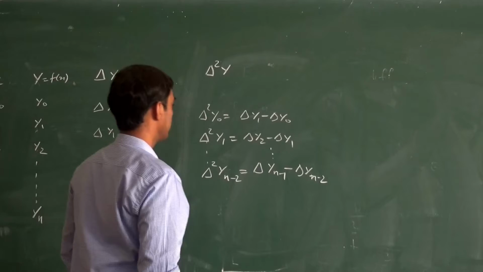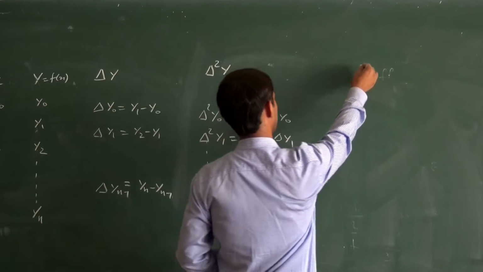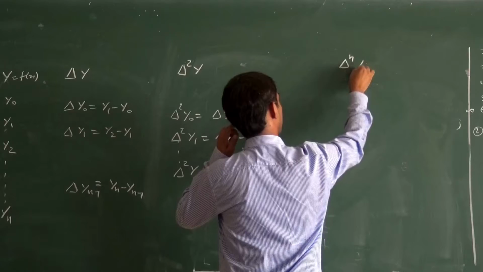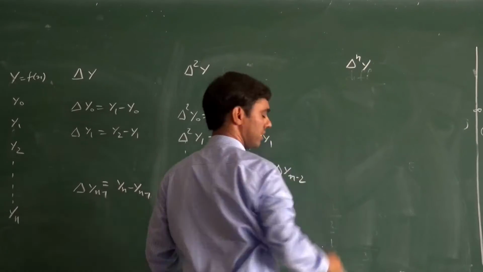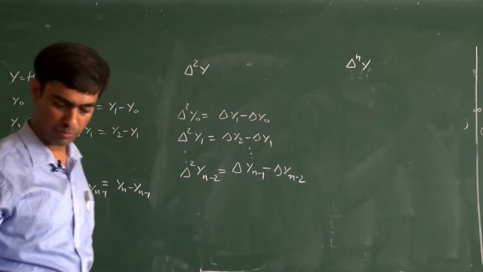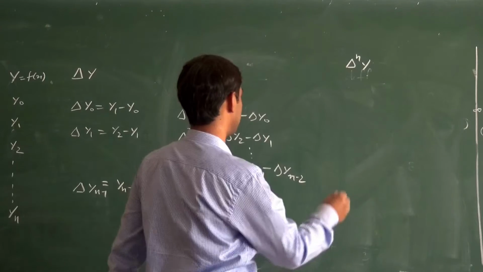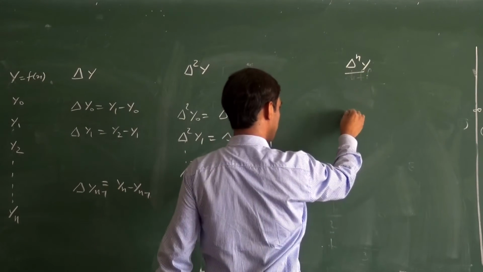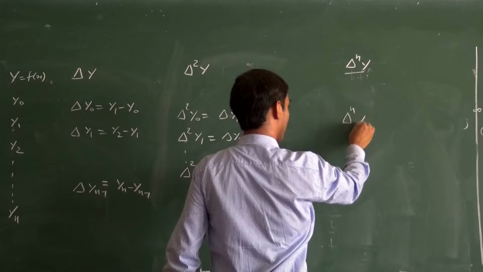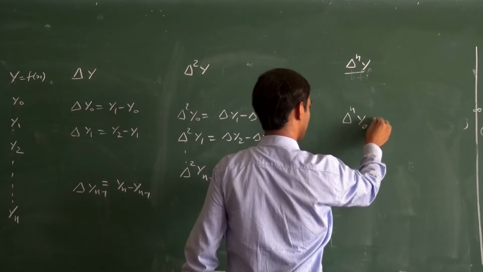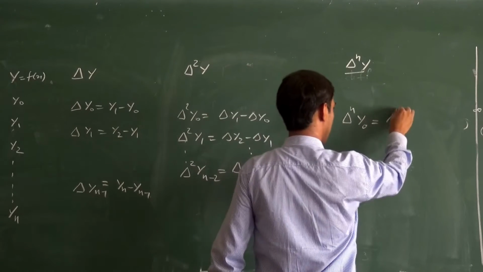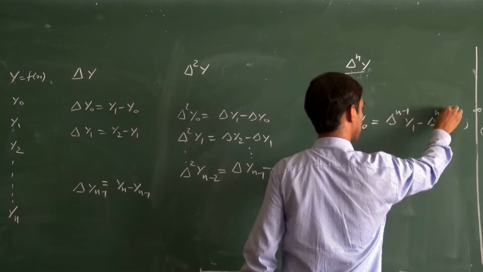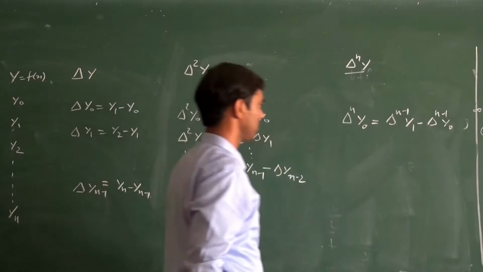In a similar manner, the last is the nth order, del n y. How many terms does del n y have? There is one term. It is defined as del n y0 equals del n minus 1 y1 minus del n minus 1 y0.